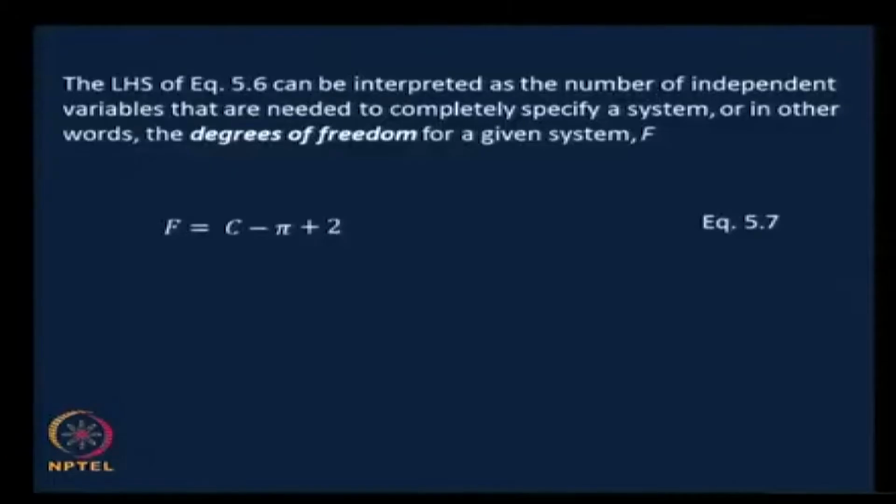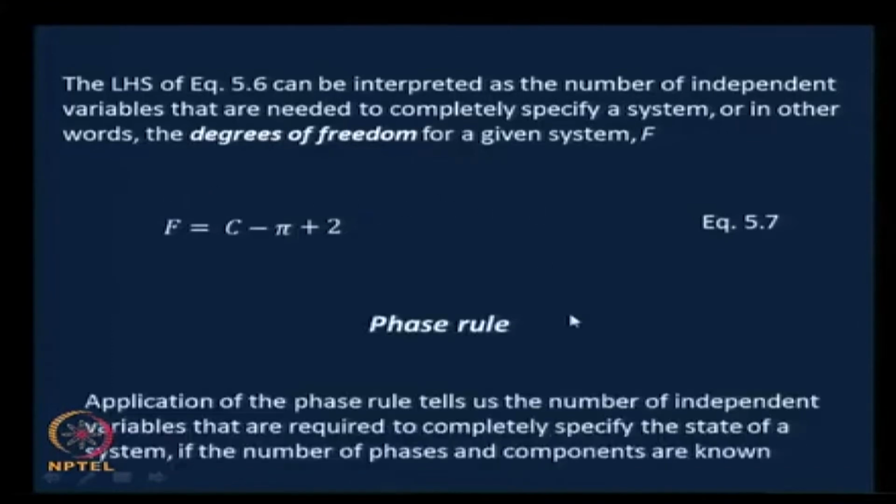Therefore, if we supply these f variables, then the system is uniquely defined. Therefore, the application of the phase rule tells us the number of independent variables that are required to completely specify the state of the system if the number of phases and components are known.